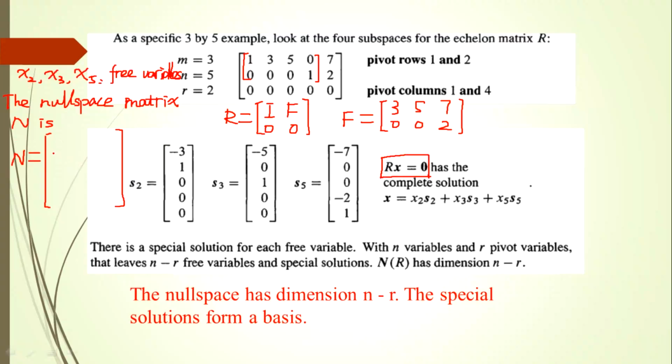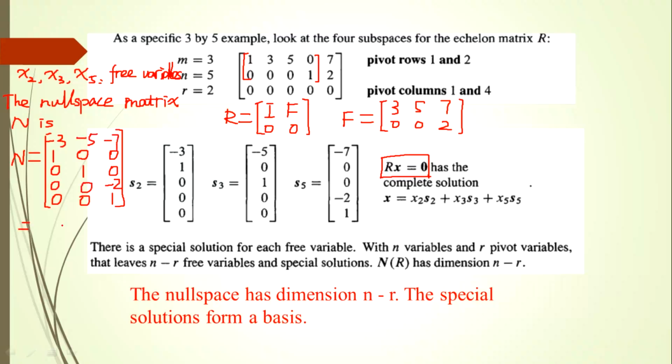So we will set up x2, x3, x5 as 1, 0, 0, 0, 1, 0, 0, 0, 1. How can we fill up this minus F? We are going to fill up those two rows for x1 and x4. So we get minus 3, minus 5, minus 7, 0, 0, minus 2.